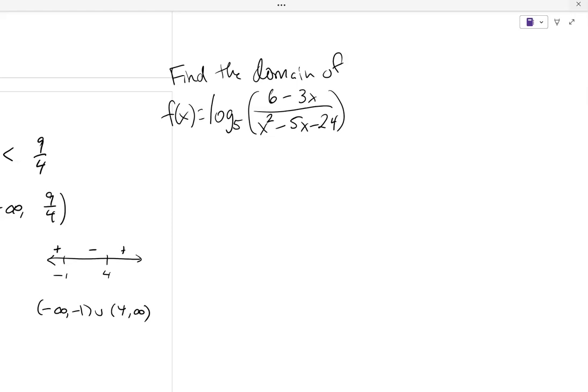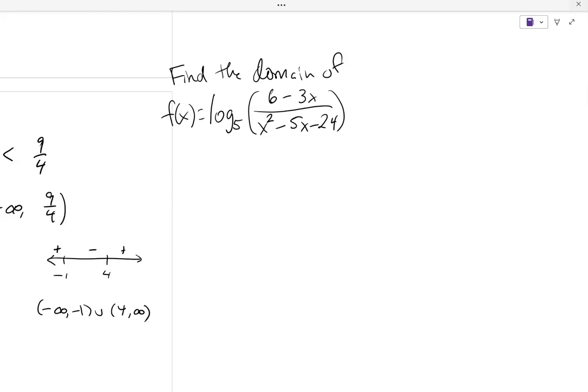So when we're interested in the domain of any logarithmic function, what are we interested to know about the inside of the function? What has to be true about the inside of the function in order for it to be in the domain? What are you not allowed to take a log of? You can do log of 0, what else?